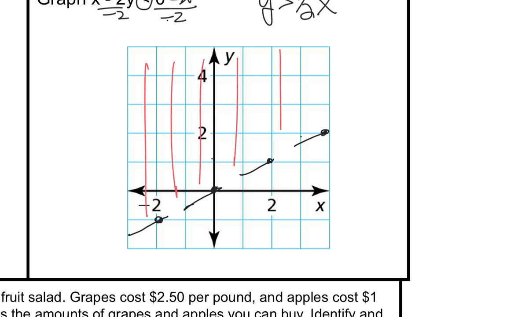But let's use a test point. Here, the test point 0, 0 has something in it, so let's use this test point of 1, 1. Okay, so is 1 greater than 1/2 times 1? Yes, it is. So this is the solution. So this side is shaded.